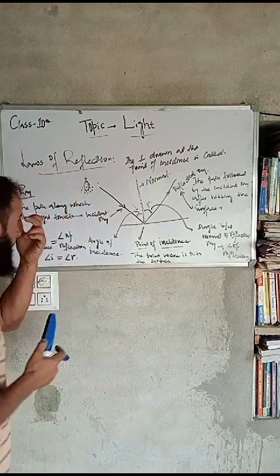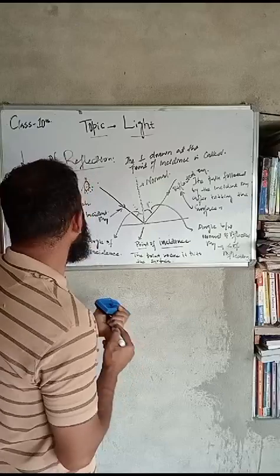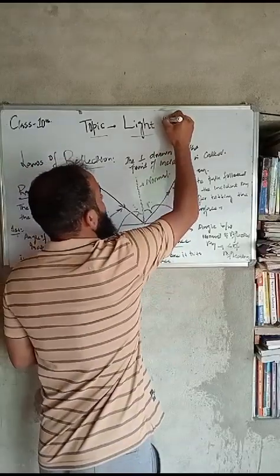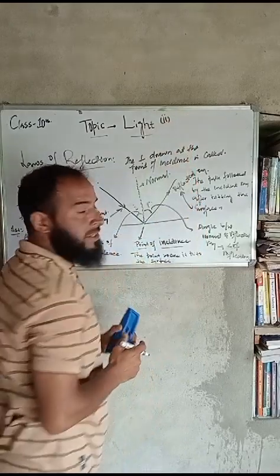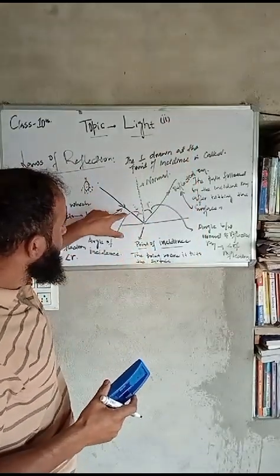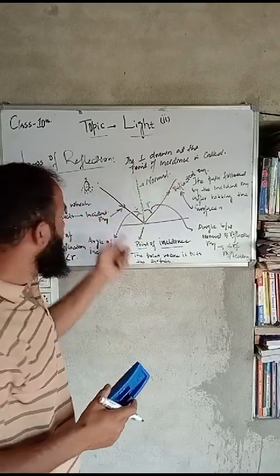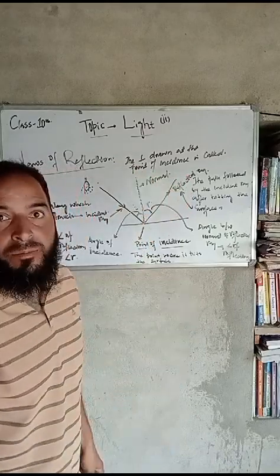The second law of reflection is that you see these two rays and this normal.